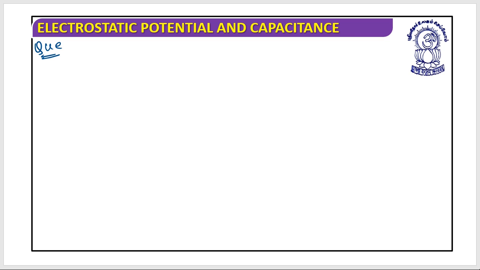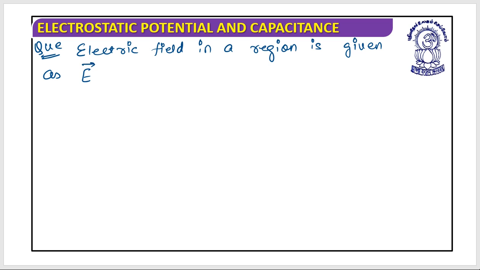Suppose they have given that electric field in a region is given as E is equals to, let's say, 4 i cap plus 2 j cap Newton per Coulomb.